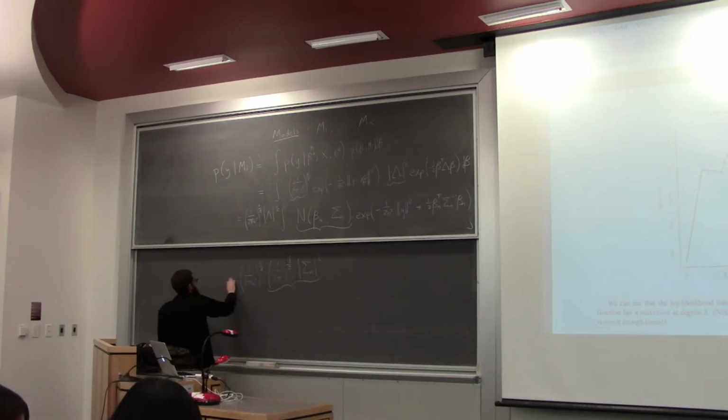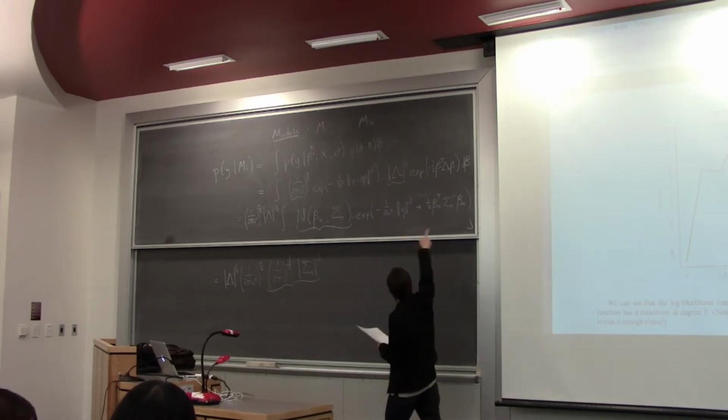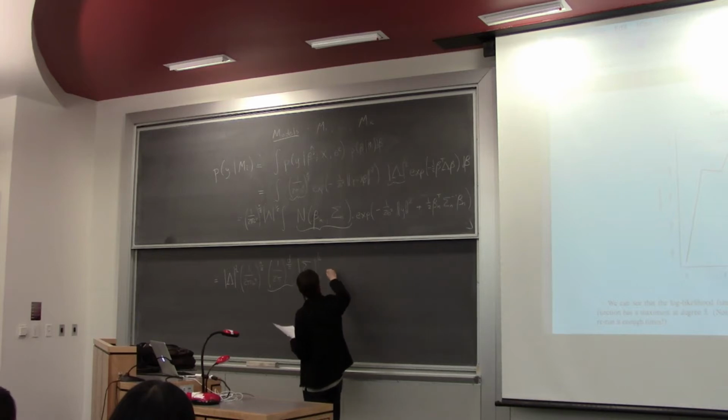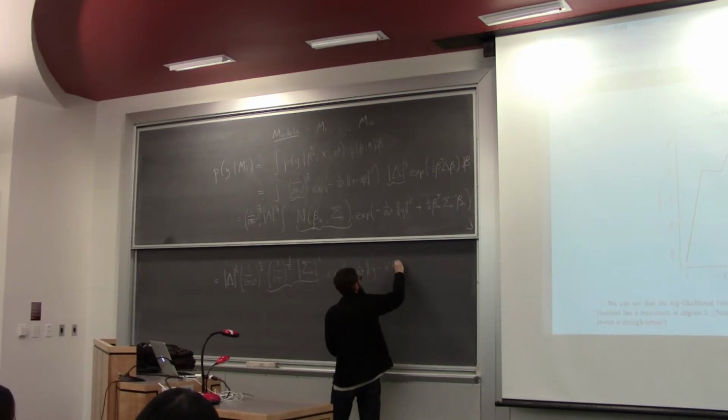Anyway, I've still got this lambda still there, 1.5. And then this term, you could leave it this way, but you can also rewrite it in a slightly different way. This is actually equivalent to the following.